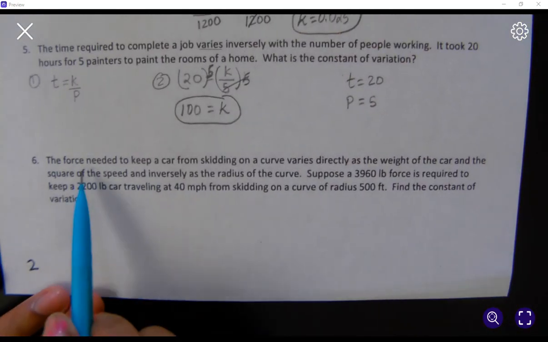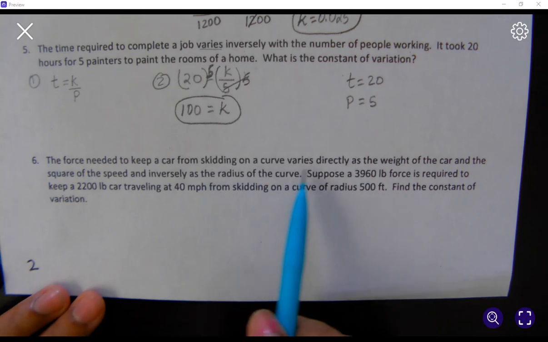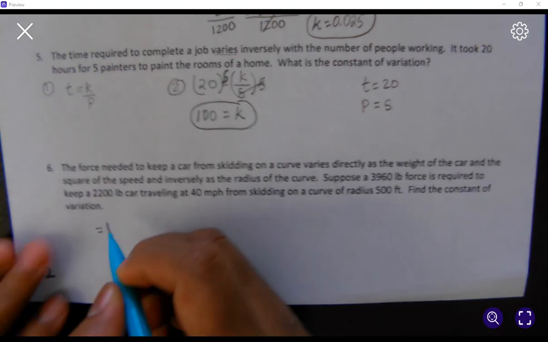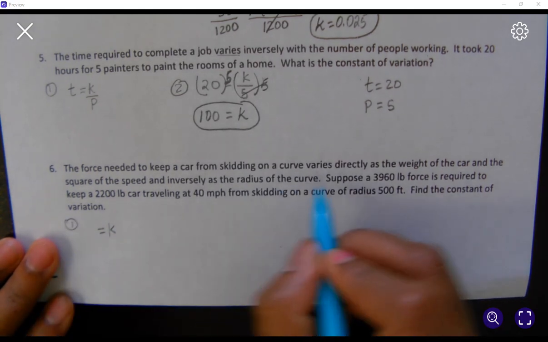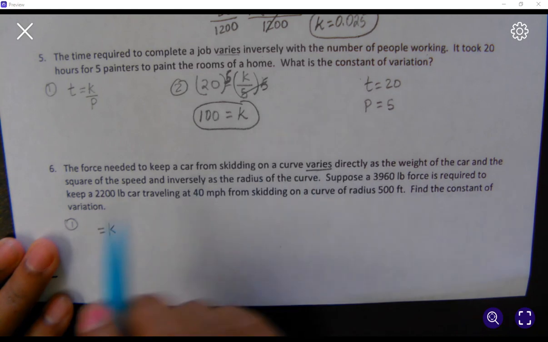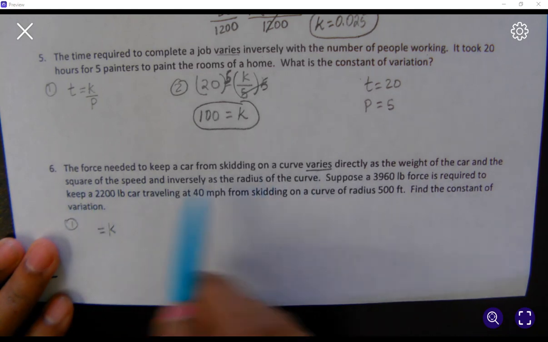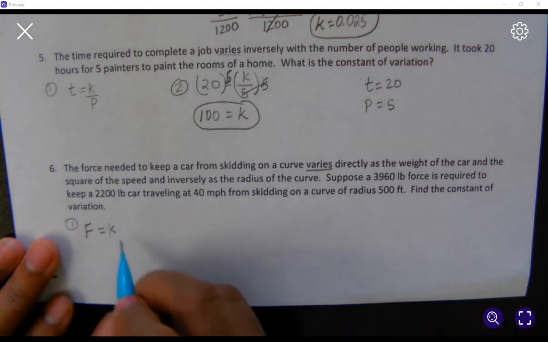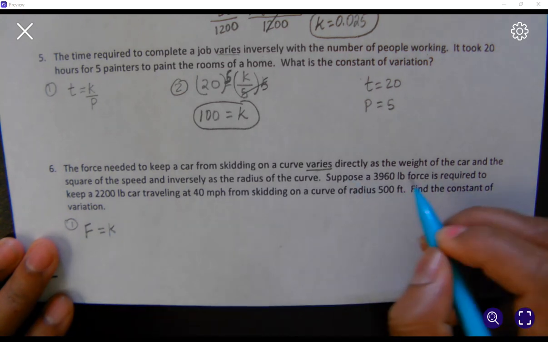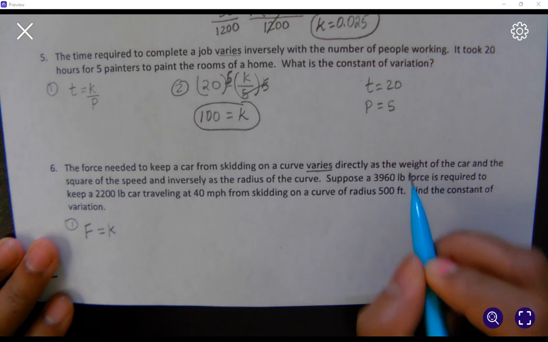Alright, it says the force needed to keep a car from skating on a curb, there's my word varies, equals K. Here's my first part. What equals K? It says the force needed to, so the force equals K. I'm just going to put F for force. Directly means multiplying as the weight of the car.